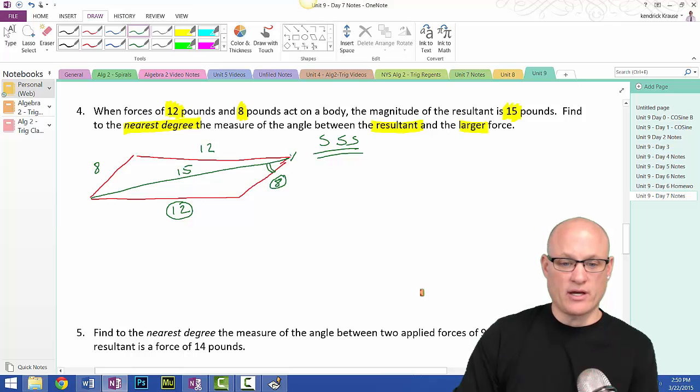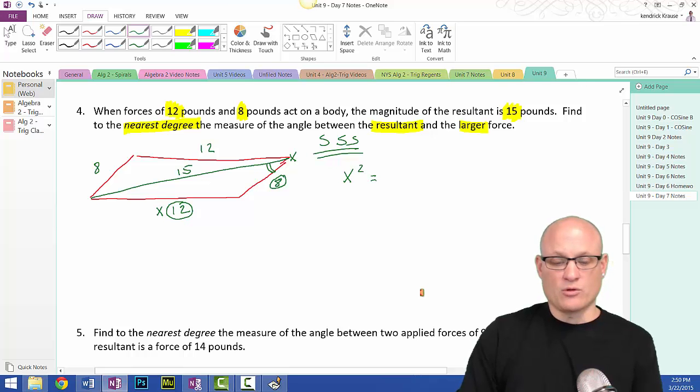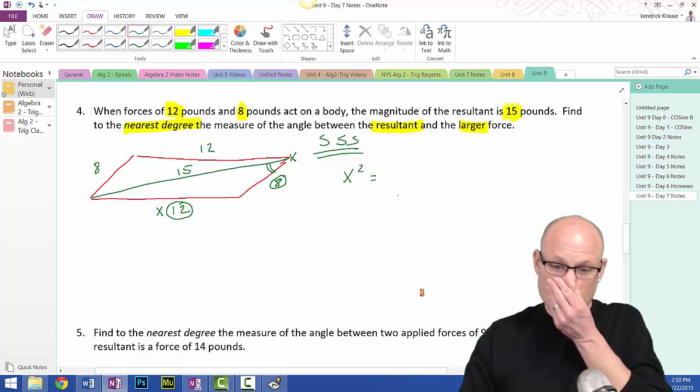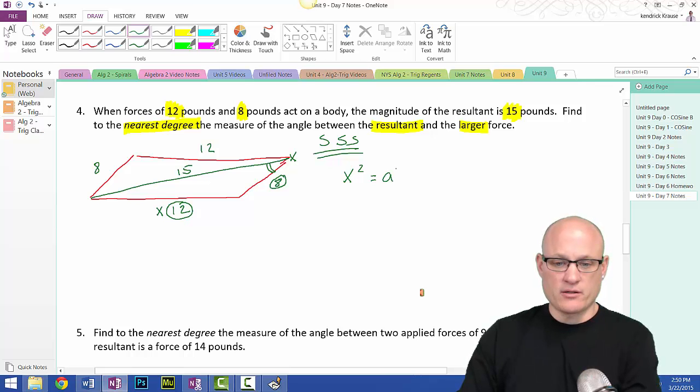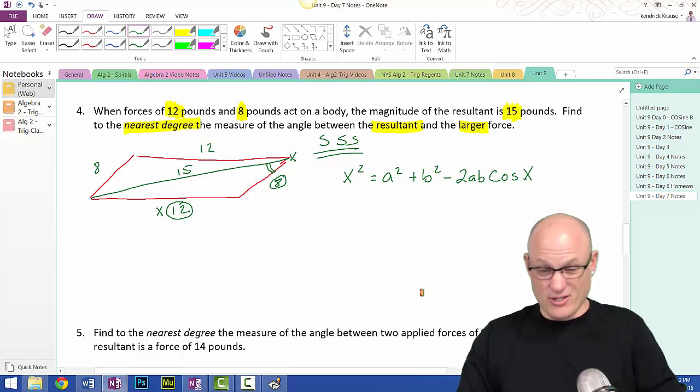I'll call this x. So x squared equals a squared plus b squared minus 2ab cosine x.